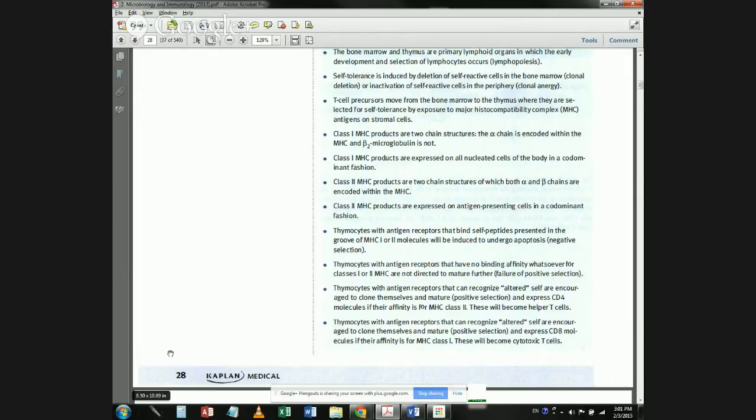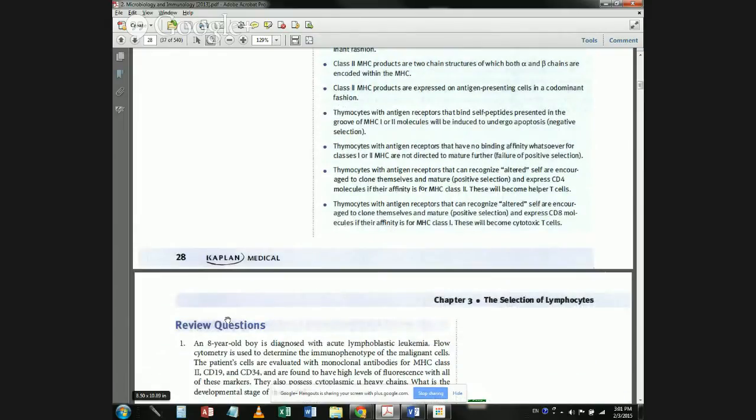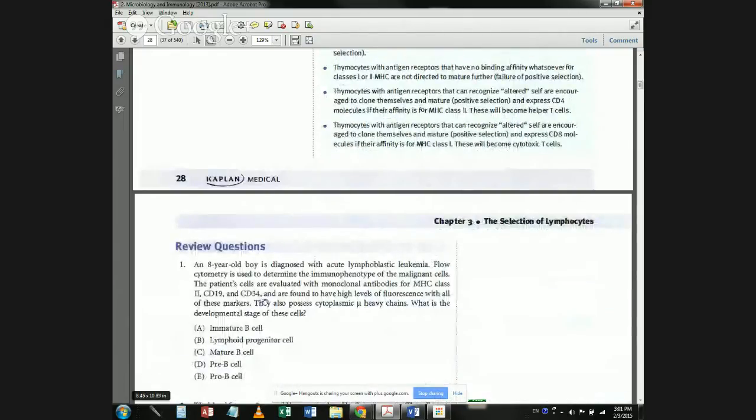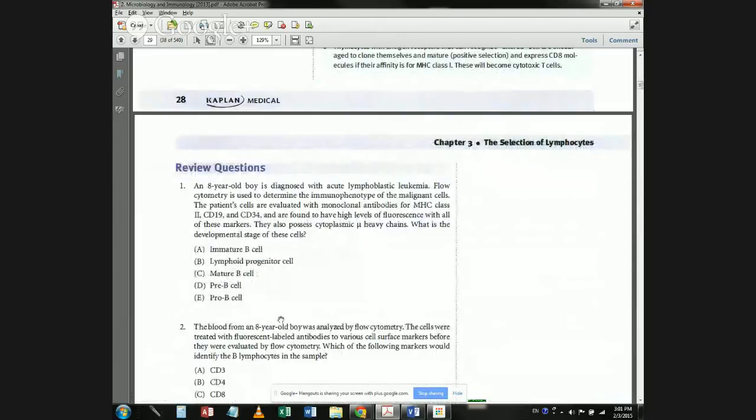And those thymocytes who don't even approach the MHCs will have failure of positive selection, basically.